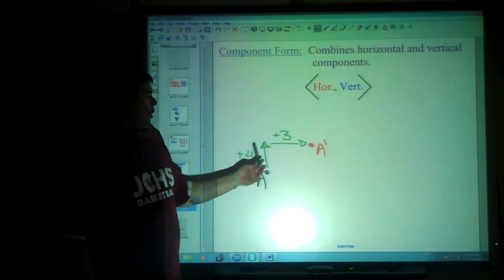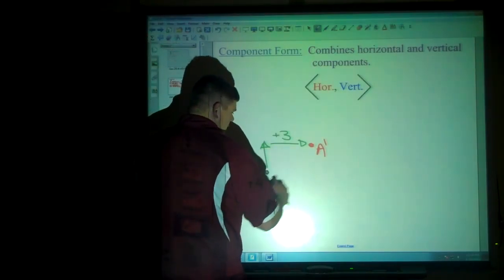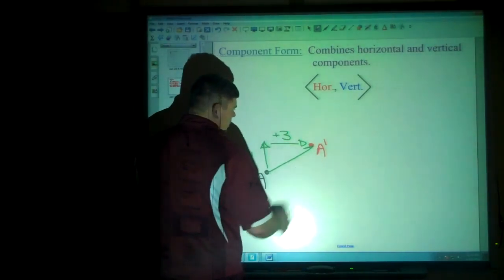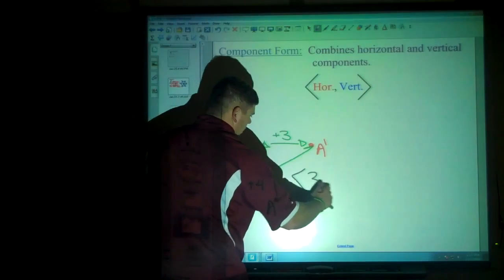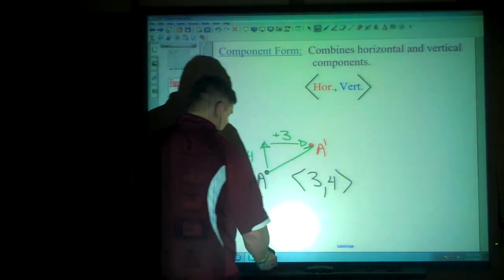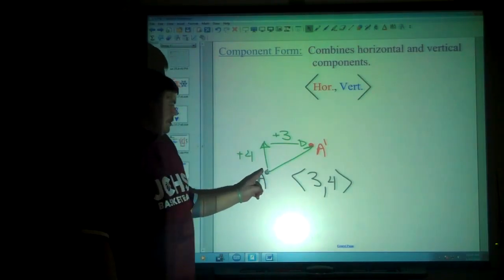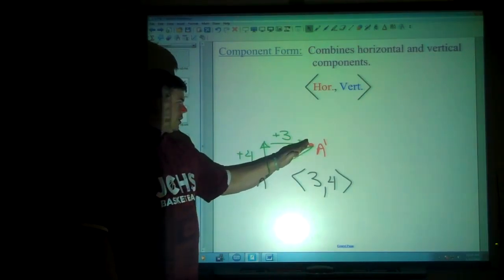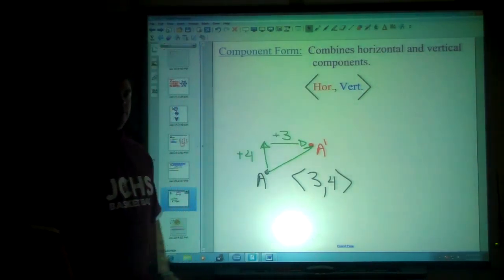So you would not have 4, 3, you'd have 3, 4. So this would look like this for our vector, and we would say 3, 4. And that would be component form for this vector. And that's the magnitude, it's giving our direction, and it has the amount that it's being changed by horizontally and vertically.